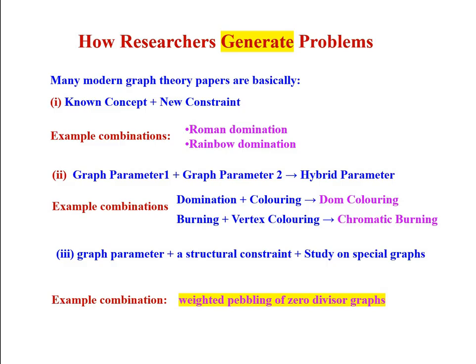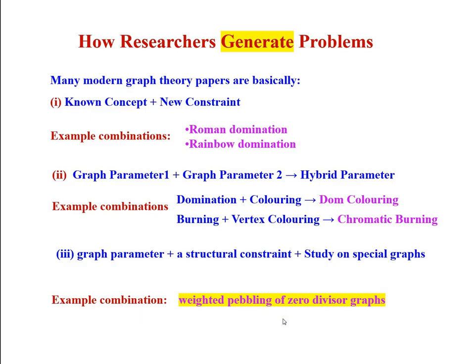There you have the elements satisfying certain axioms, and for example, zero divisors: two elements A and B in a ring, both of them are non-zero, but yet the product is zero. In that case you get the zero divisor graph, annihilator graph, and so on. So you can have a structural constraint, say weight, and graph parameter pebbling, and special graph, zero divisor graph. Like this you can have.